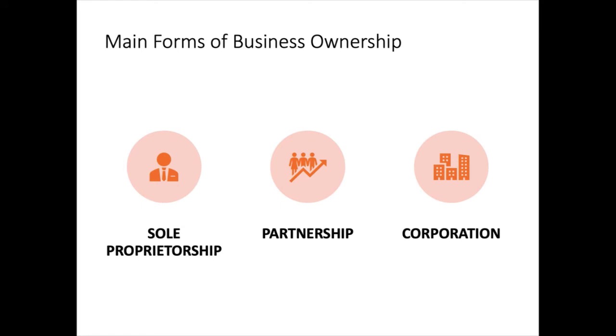There are generally three main forms of business ownership in the United States. There is the sole proprietorship, there is a partnership, and there is the corporation. These are three very familiar ways to own a business in the United States, and we'll talk about each of these in greater detail in subsequent lectures.